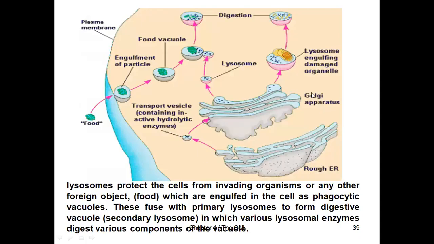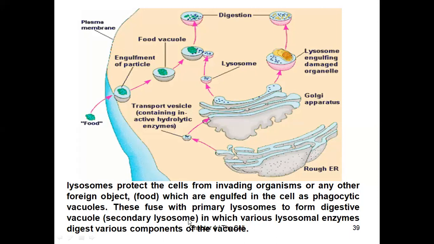Now, this is the same question that I gave you in the previous lecture. Lysosomes protect the cells from invading organisms or other foreign objects which are engulfed in the cell as phagocytic vacuoles. These fuse with the primary lysosomes to form a digestive vacuole, also known as a food vacuole.